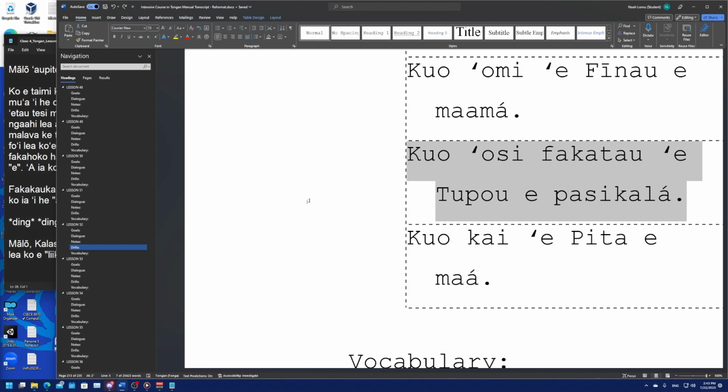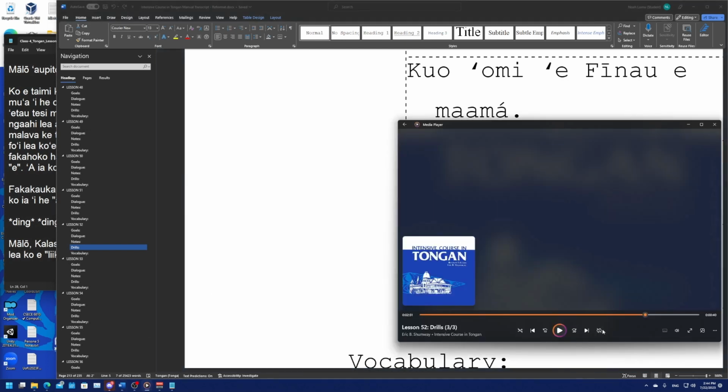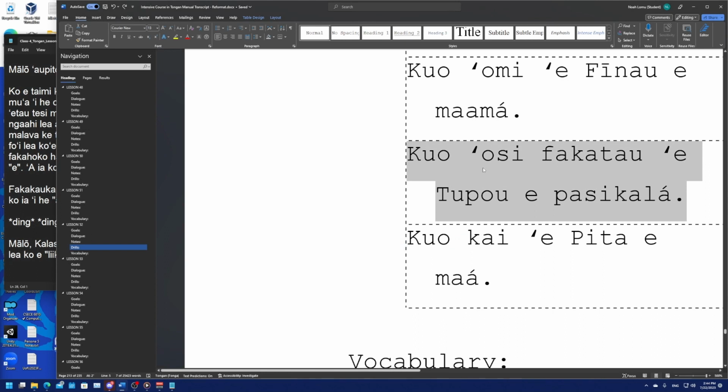Say it. Kua os whakatau e tupou e paskala. So you can hear the I at the end of Ossi doesn't really come out that much. So this I is basically gone.